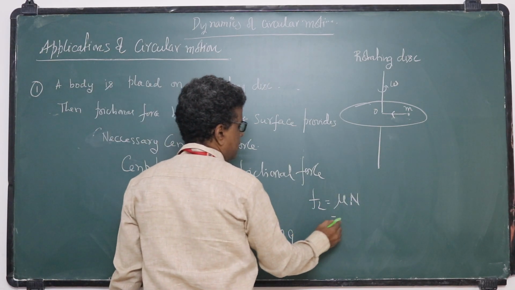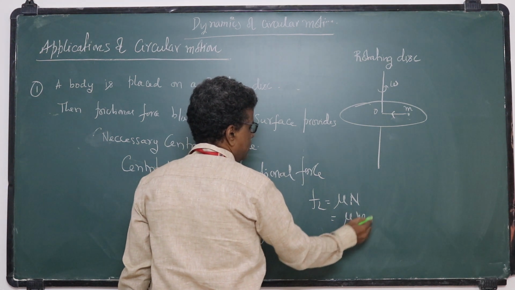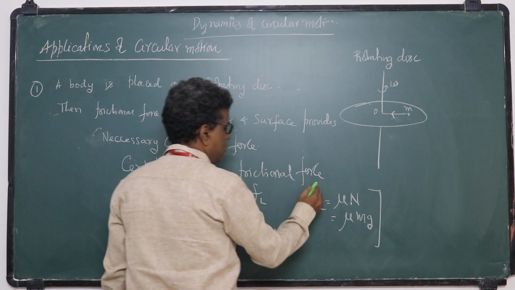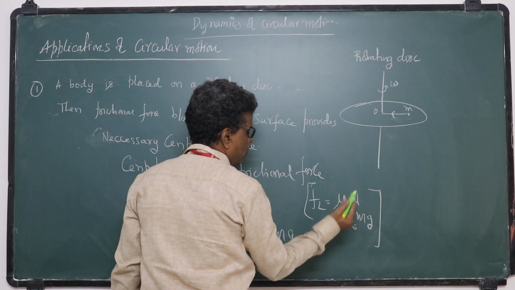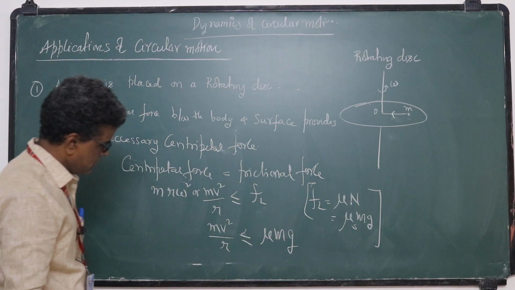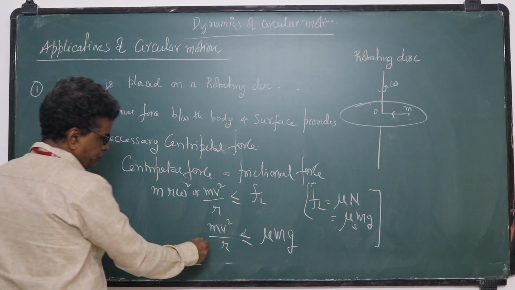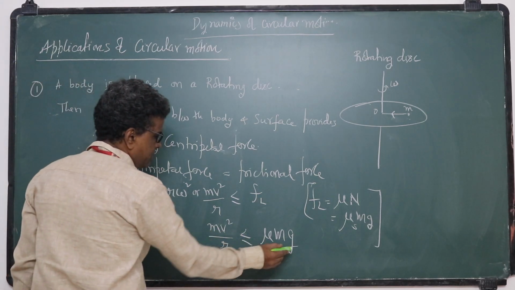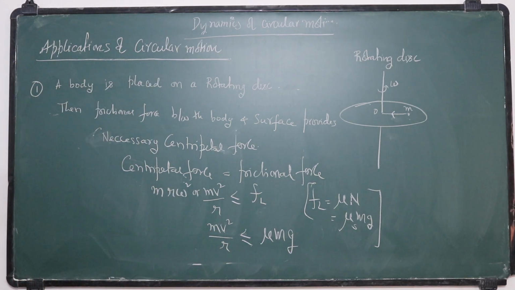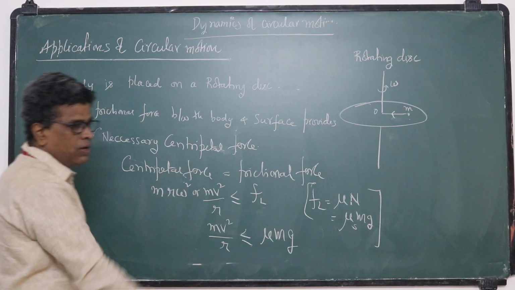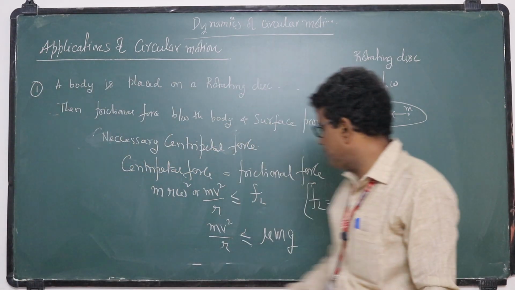What is n here? For a horizontal surface, it is mg, where mu s is the coefficient of static friction. So this is the condition that should be satisfied for the body to move along with the disc.